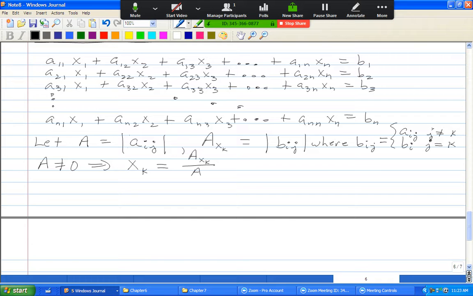Now, of course, this formula won't work if you have more than one solution or if you have no solution. Those are the cases where the determinant of the coefficient matrix is 0.